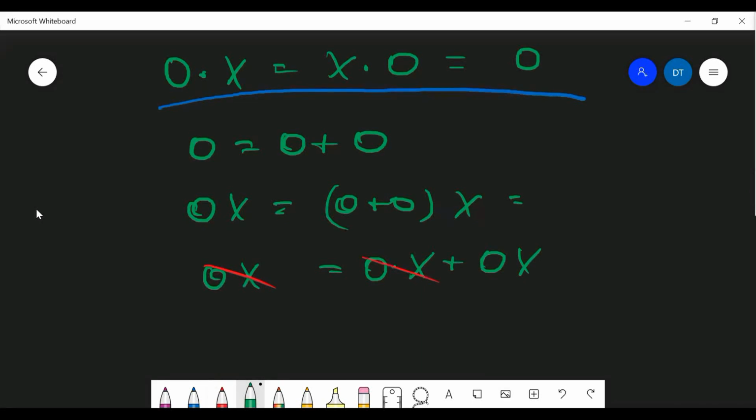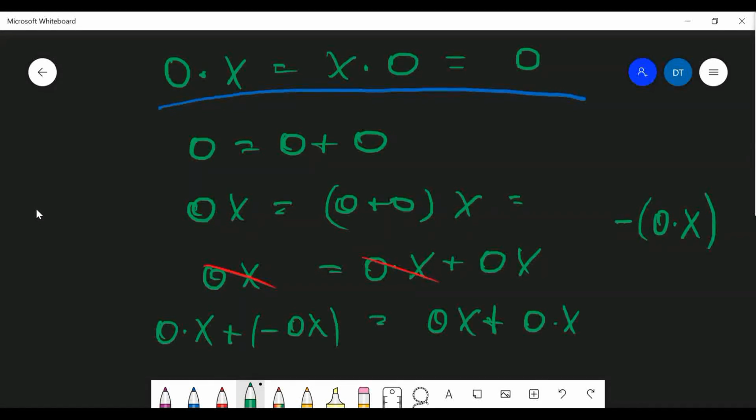What does it mean, you cancel out? The element 0 times x has an inverse element, minus 0 times x. And you can add this element on the right and on the left. Let me be more precise. So you add this element on the right and you add this element on the left.